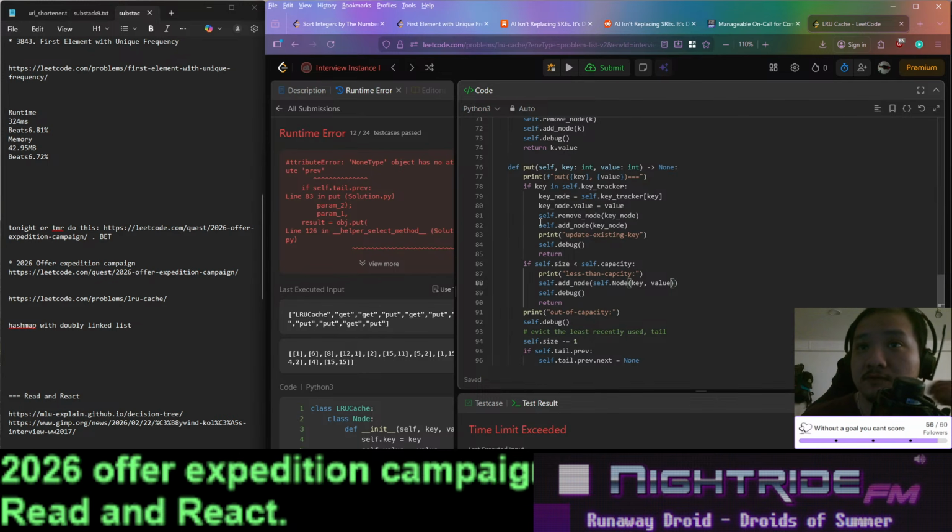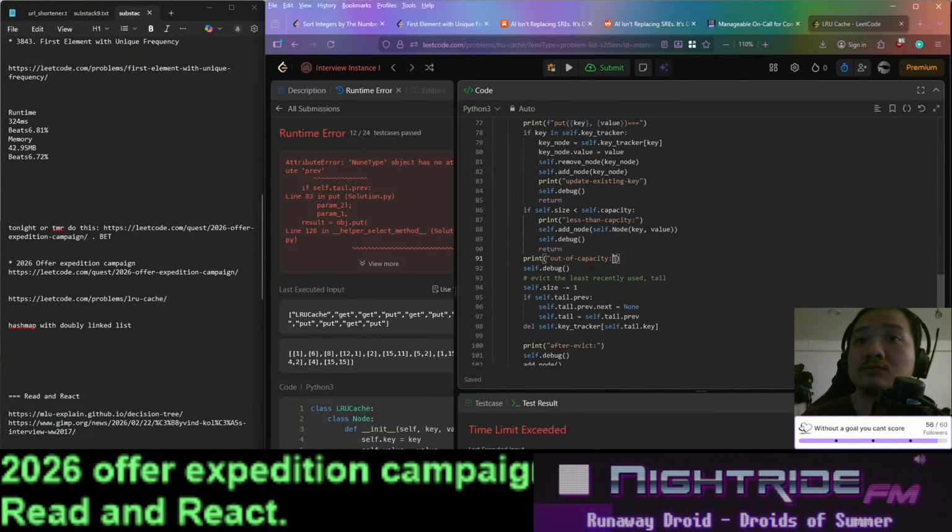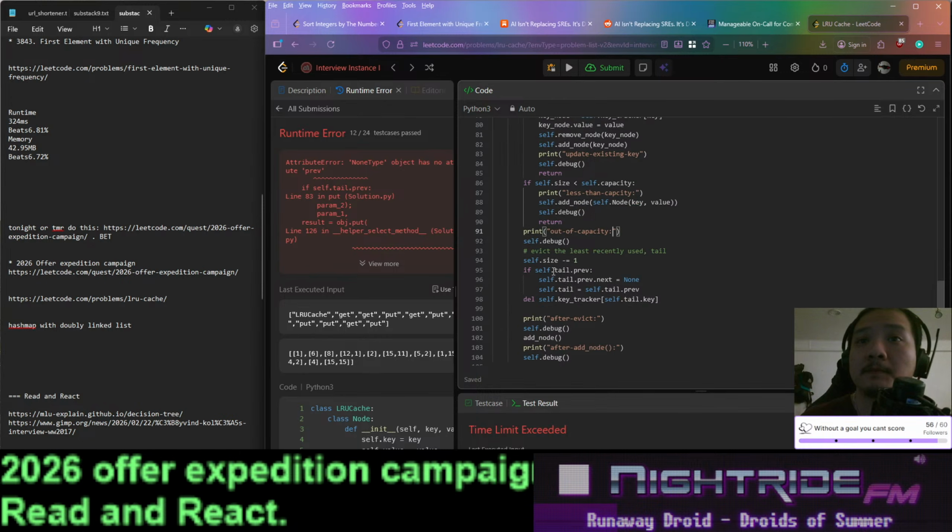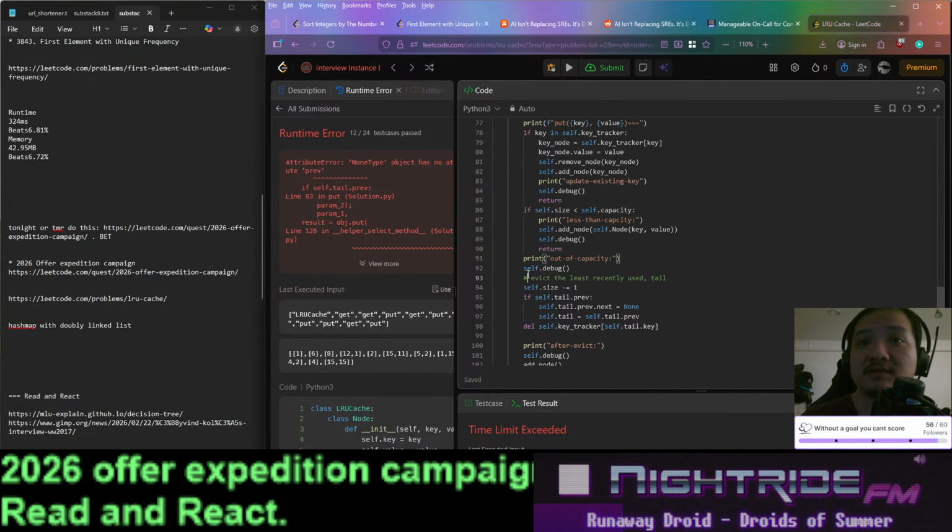So if key is in, we do this. If capacity is still can add, right? Out of capacity.